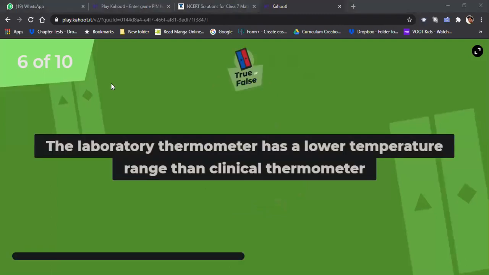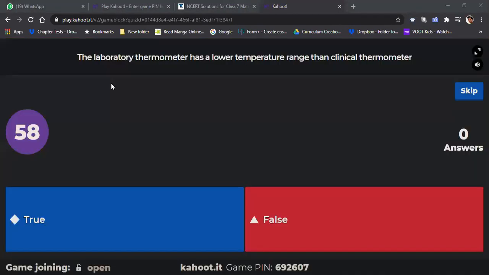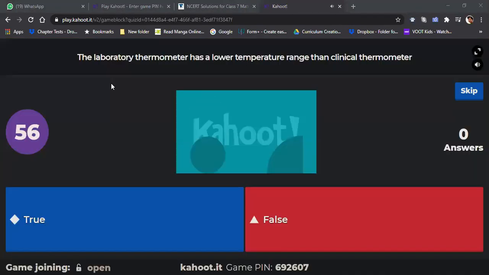The laboratory thermometer has a lower temperature range than the clinical thermometer. True or false? Okay, we got 18 answers. Very good. So I'll skip. Okay, I get 19 answers.